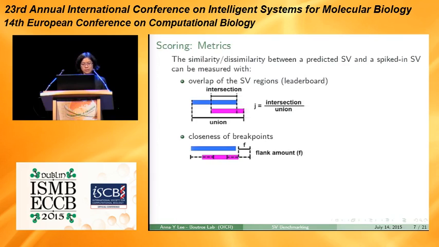Another approach focuses on the breakpoints. So if we look at the spiked in structural variant in pink, we can allow a window around each breakpoint where it would be acceptable for the predicted breakpoints to fall. So if the predicted breakpoints fall within those windows, then we would call it a true positive.